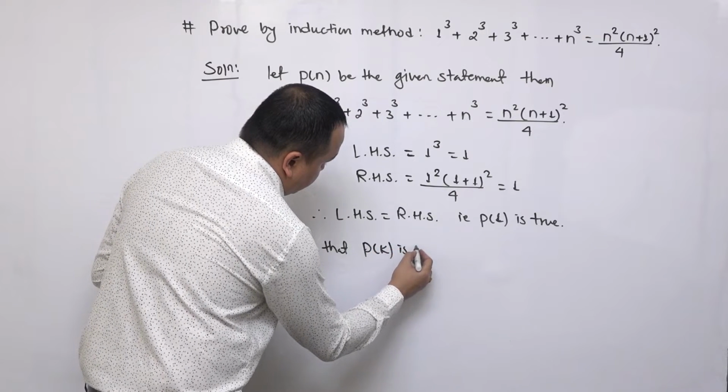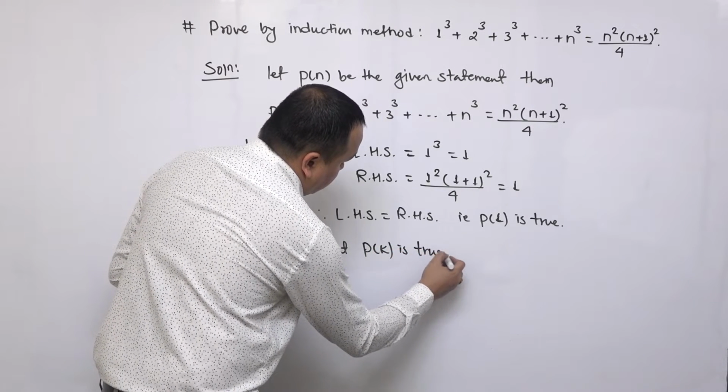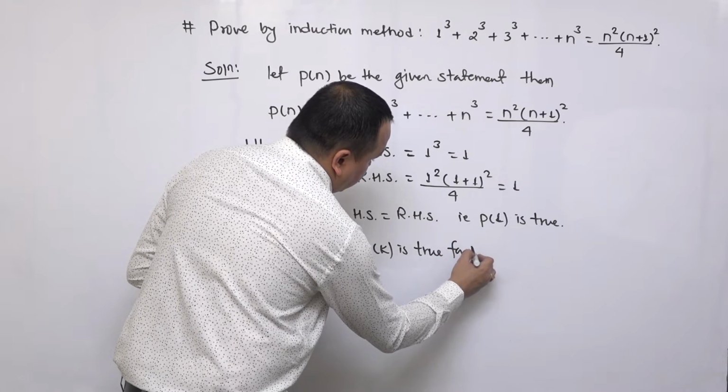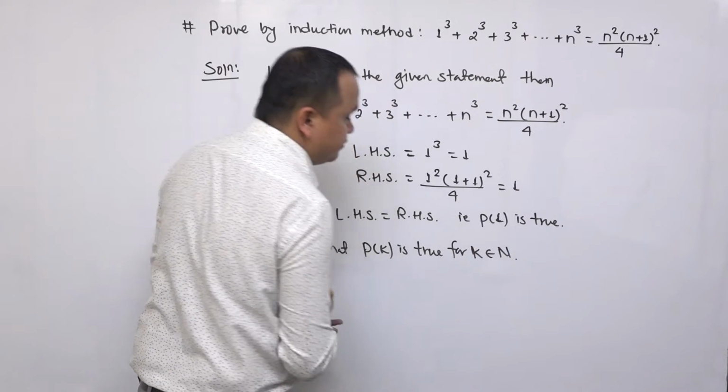Assume that Pk is true for k belongs to n.